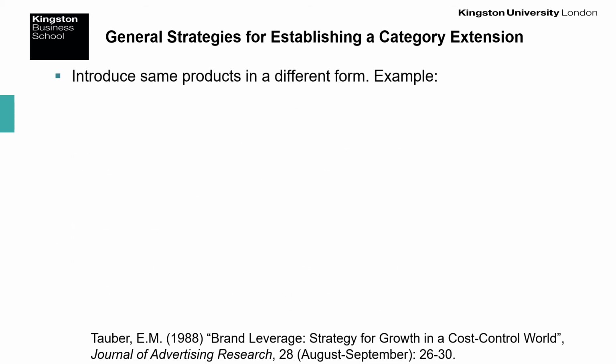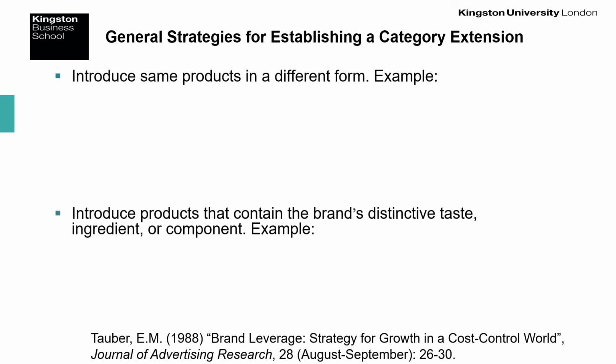The first of Tauber's strategies for a category extension is that you would introduce the same products in a different format. Can you think of an example of such a category extension?